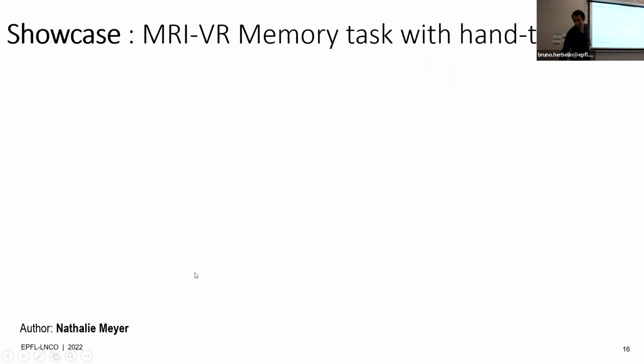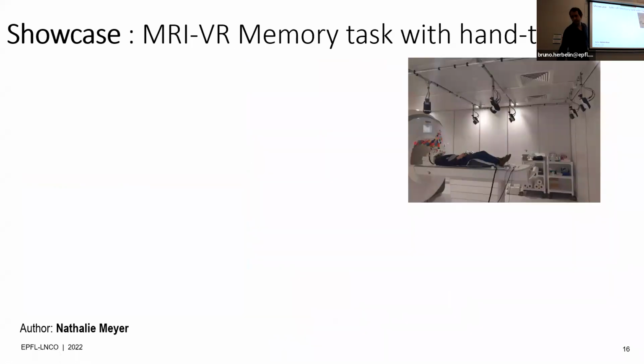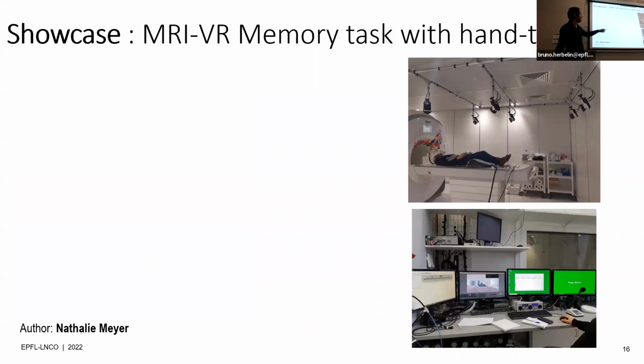We have another MRI VR memory task with hand tracking, still with Natalie Meyer. Here you can see Alice's camera. They were MRI-compatible cameras we used to track the hands, so we can do some very light movement in the MRI.